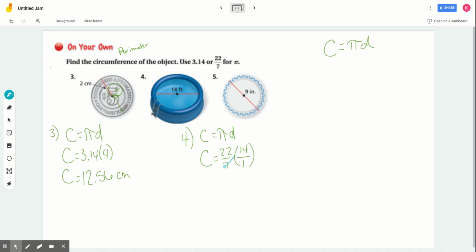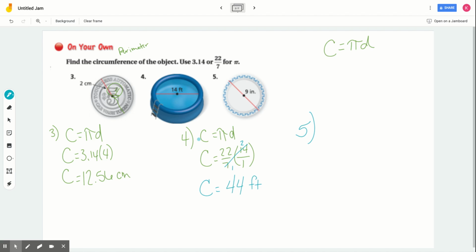Here we can cross cancel. 7 divided by 7 is 1, and 14 divided by 7 is 2. Multiply straight across the top and the bottom. 22 times 2 is 44. 1 times 1 is 1, and 44 over 1 is 44. So here, the circumference of the swimming pool would be 44 feet.